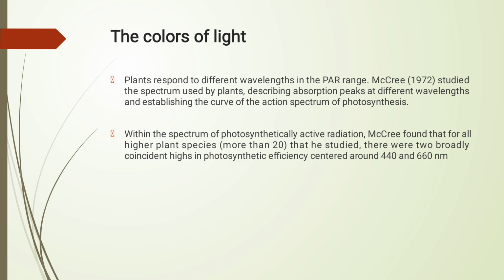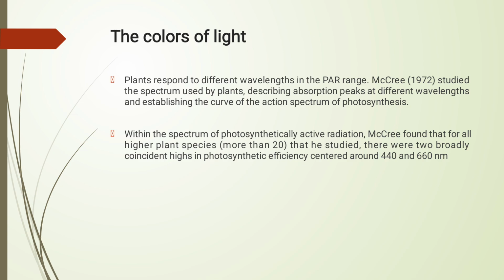The color of the light. Plants respond to different wavelengths in the PAR range. In 1972, McCree studied the spectrum used by plants, described the absorption peaks at different wavelengths, and established the curve of the action spectrum of photosynthesis, the spectrum of photosynthetically active radiation.